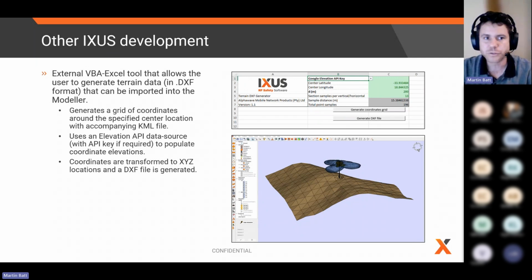And what this tool will do is it will calculate a grid of lat longs around that center location, and then using an elevation API, in this example the Google elevation API, which will require an API key to be set up by the user.